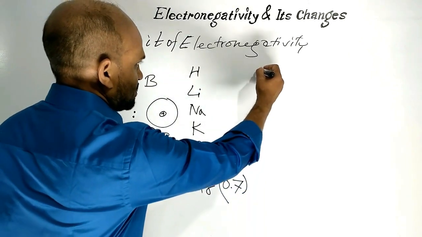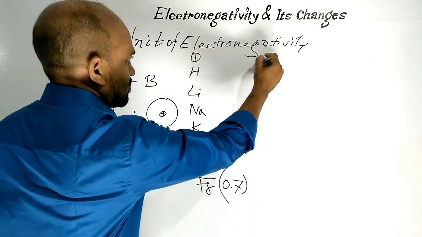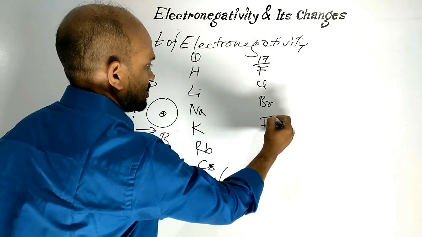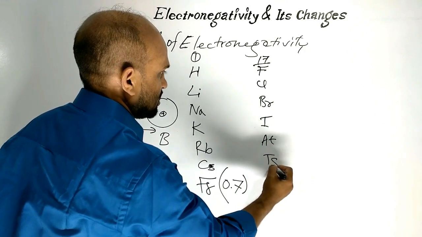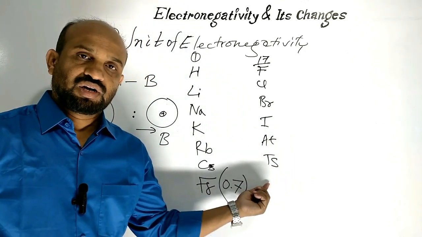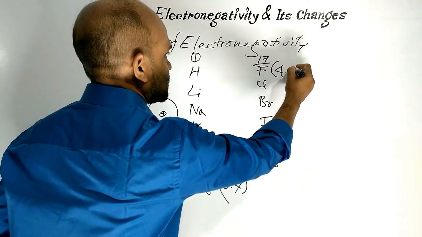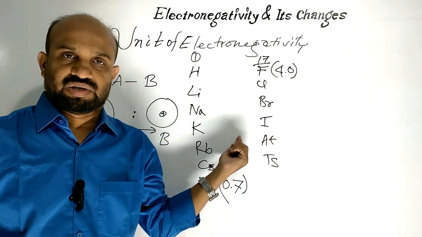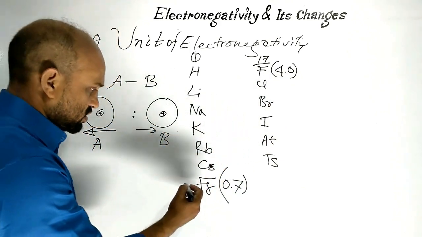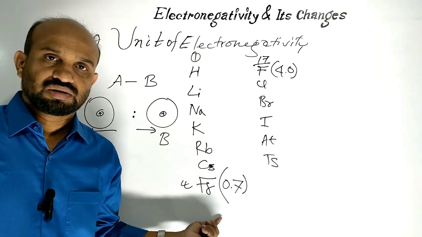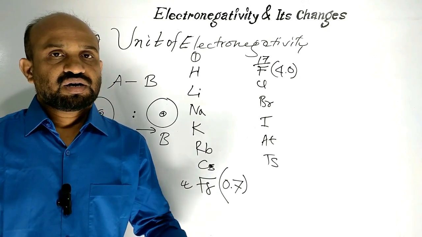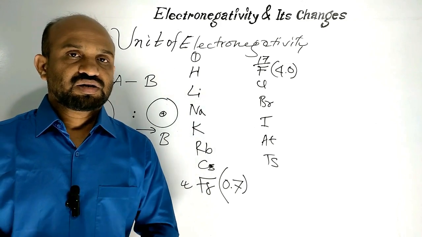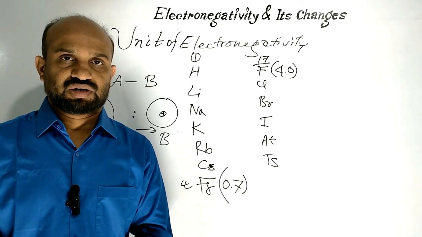Again, let's see elements of column 17: fluorine, chlorine, bromine, iodine, astatine, tennessine. Here, the electronegativity of fluorine is 4.0, which is the highest among the elements. That is, francium has the least electronegativity and fluorine has the highest. This is a relative term, with no unit of electronegativity.